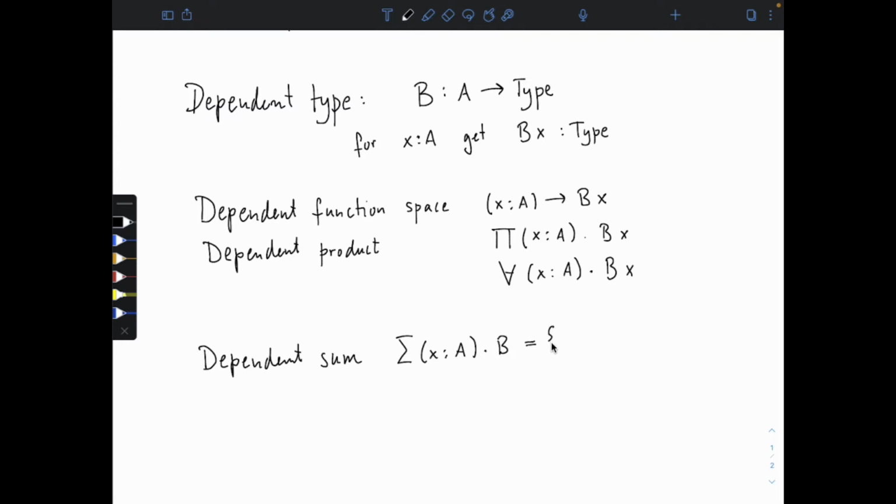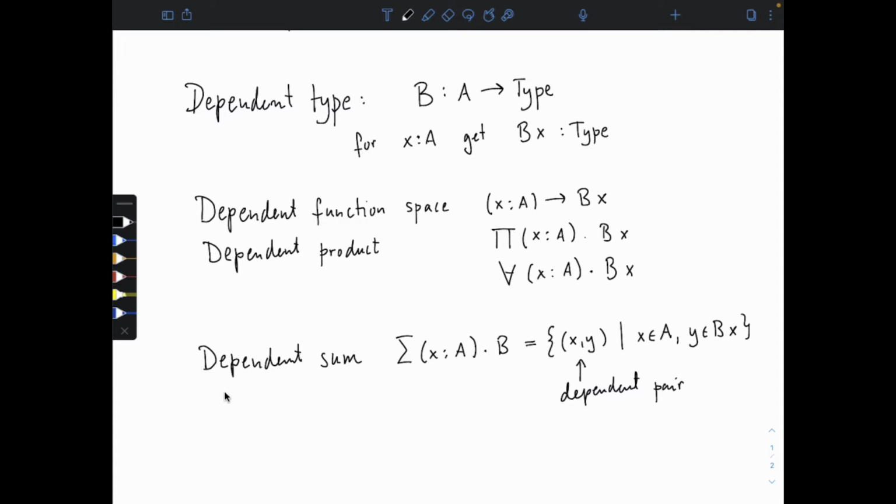These are pairs xy, such that x is in A, and then y is in B of x. This is called a dependent pair. Why is it a dependent pair? Because the type of y depends on x.